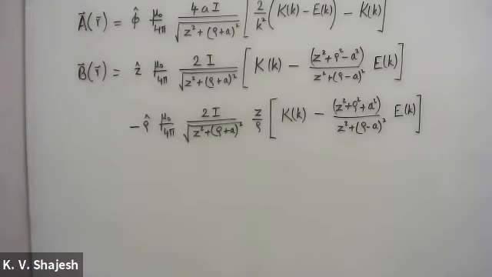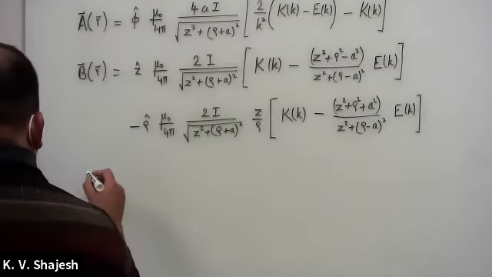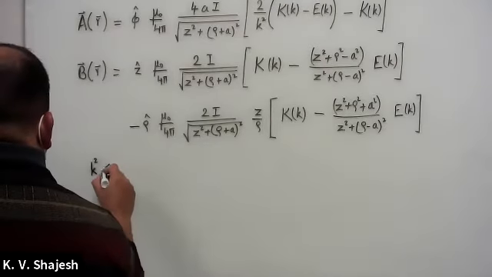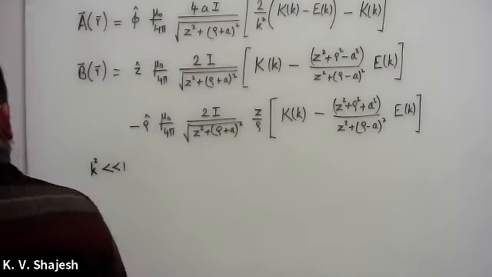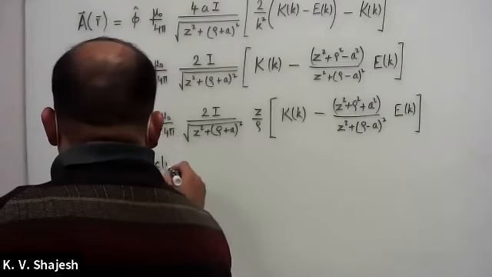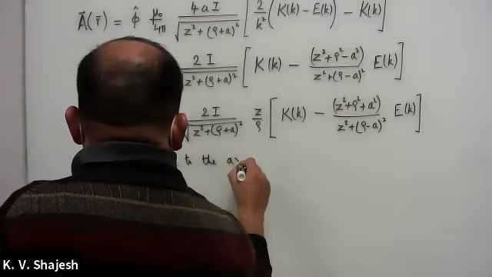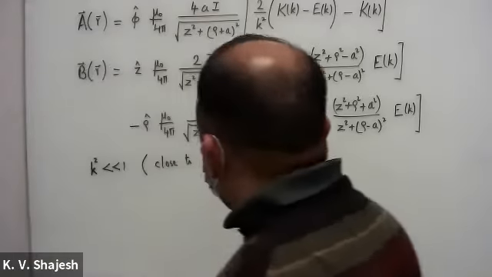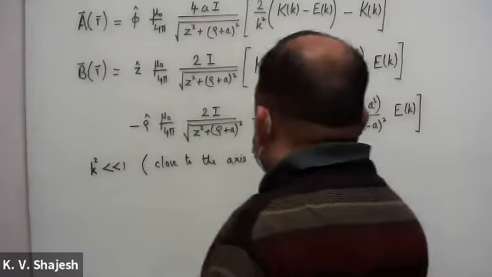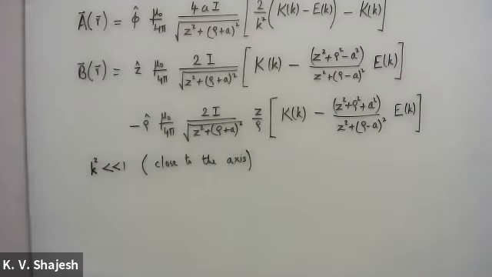That's all good. This is the complete expression, but we were interested in what about things close to the axis. In fact, I was saying k square very much less than 1. This is typically applicable for close to the axis. But as I'll show, to capture everything, we have to be careful with how many terms we keep.